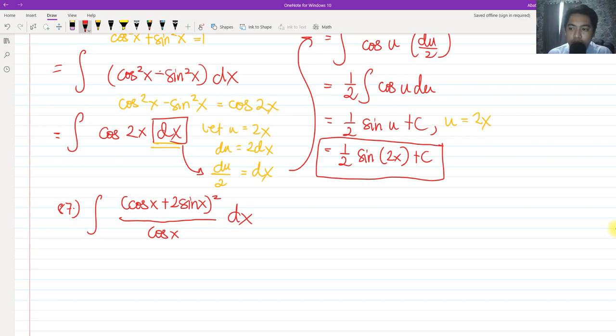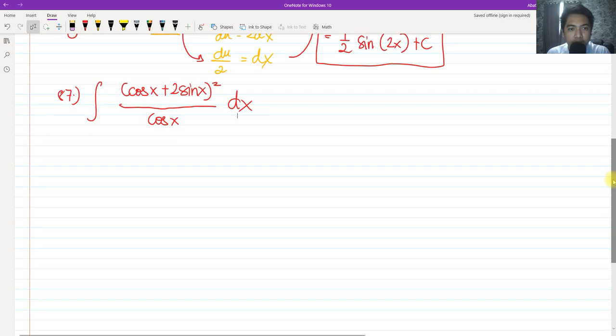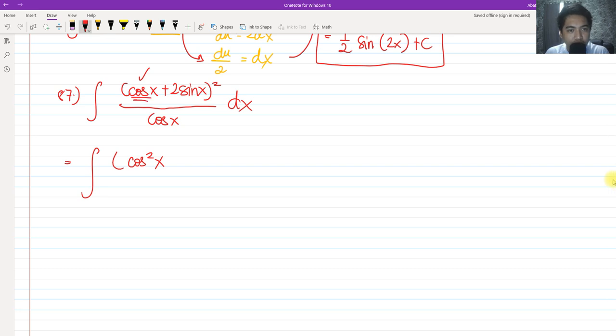In this given integral, we are going to first expand the numerator, using FOIL, of course. The first term, you square the first term, so that's cosine squared x. The second term would be cosine x times 2 sine of x, that is 2 sine x cosine x, multiplied by 2, so that would be plus 4 sine x cosine x.